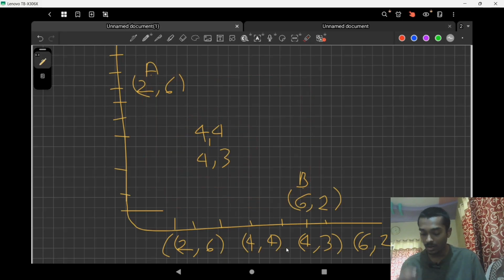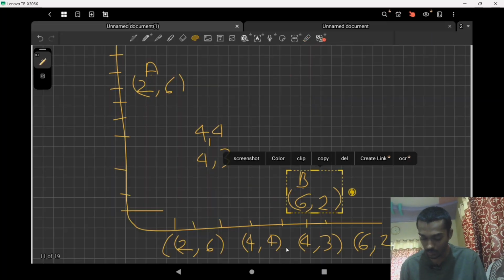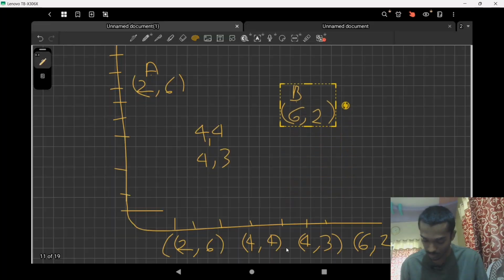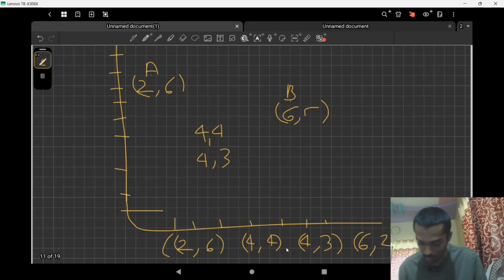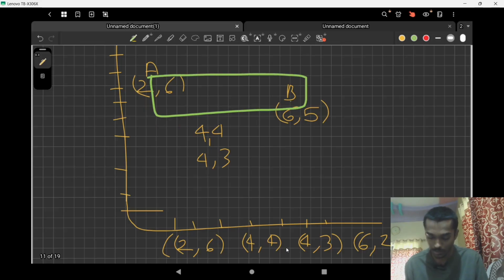And let's see if this point, 6 comma 2, is over here, like 6 comma 5. Now you can see if you form a rectangle, this is the rectangle, and this pair is valid.